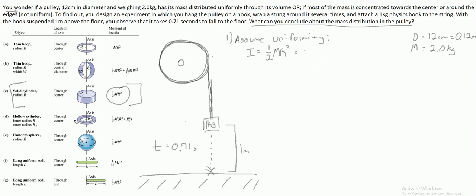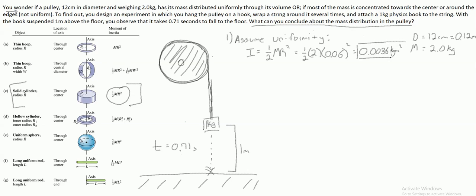I know that radius is just half of diameter, so I'll do 1/2 of 2 kilograms times, I'm not going to use 0.12 meters, I'm going to use 0.06 meters squared because I want the radius. And I'm going to find out that the moment of inertia, if it's true that we have a uniform thing here, should be 0.0036 kilogram meters squared.